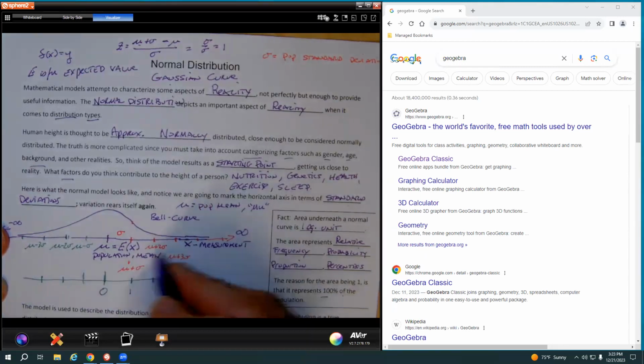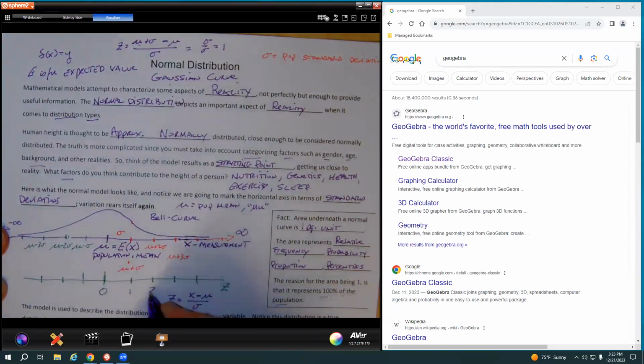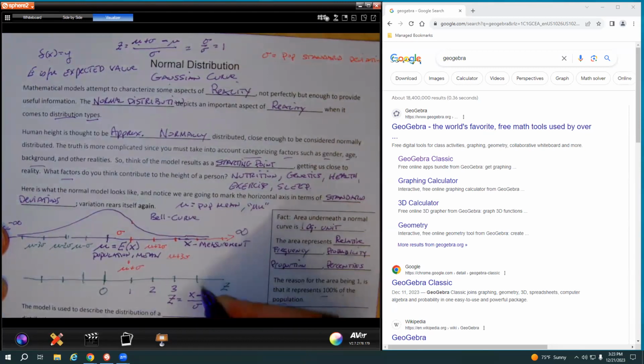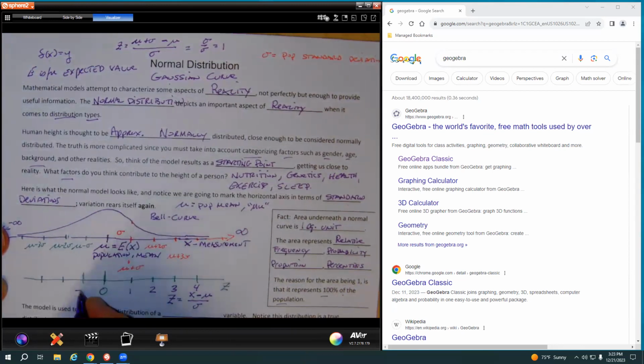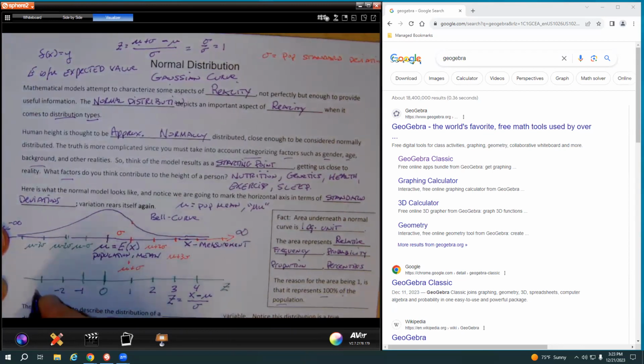What about that one? If I did what I just did above, I would get 2 and 3, and if I kept going, 4, 5, 6, 7. On the other side, I would get -1, -2, -3. So we can talk about this curve in terms of the actual measurements, or we can talk about it in terms of its z-scores.